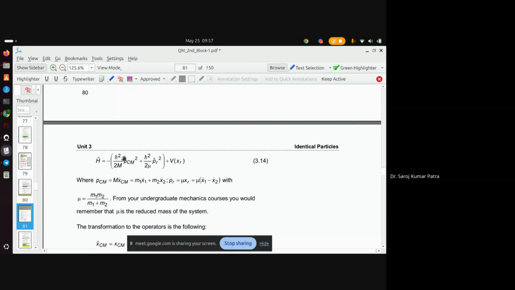What we find here is that it will be h cross square by 2M Pcm square plus h cross square by 2 mu Pr square, where mu is the reduced mass, m1 m2 by m1 plus m2, plus V(xr). Now here V(xr) does not have a term xcm. So you see it is now kind of separated. The potential is only a function of xr, it is not a function of xcm.